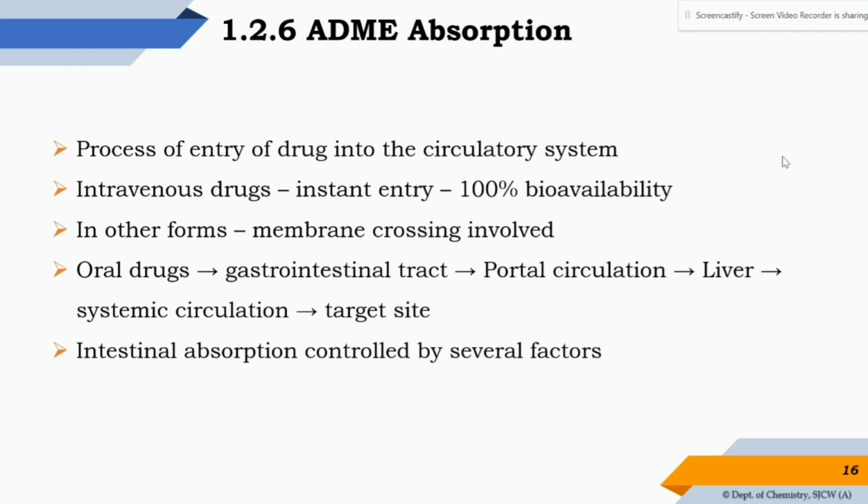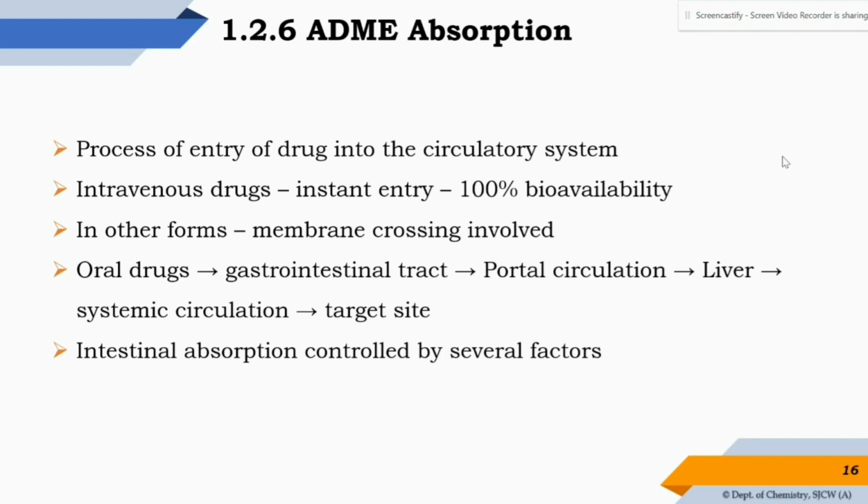From the liver, they go to systemic circulation. Systemic circulation refers to the circulatory system, where from the liver, the blood vessel will carry blood to different parts of the body. So that is called systemic circulation. Through systemic circulation, they reach the target site.